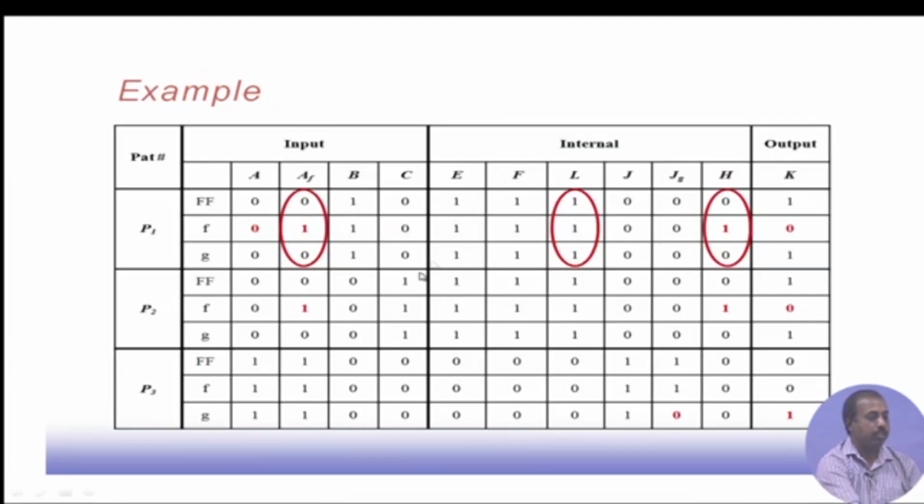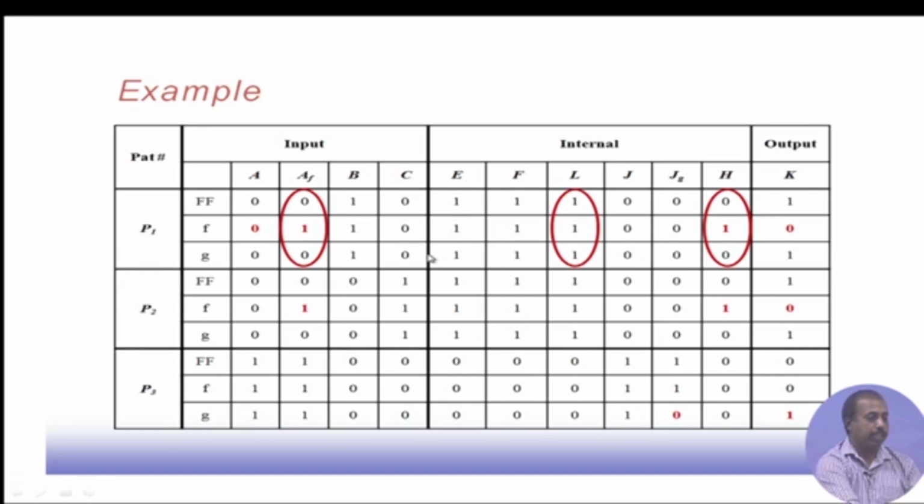When you are doing this, we are doing a bitwise ANDing, so that way it gets the internal values. So, we can see that by doing a bitwise operation, we can directly simulate the fault.